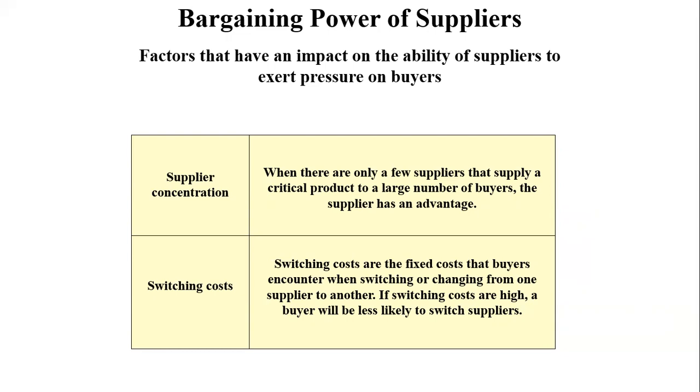So if as a buyer, I want to switch from my previous supplier to another supplier, and the cost is very, very high, then I will be disadvantaged or I'll have less incentive to switch because I will not be willing to cater for the higher costs involved in switching. So that is how it can also impact the power of suppliers.